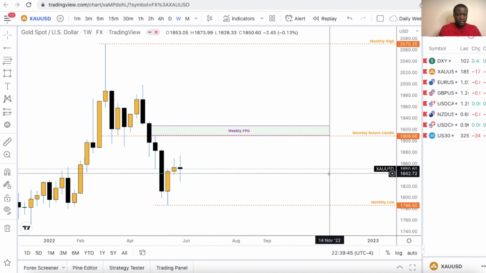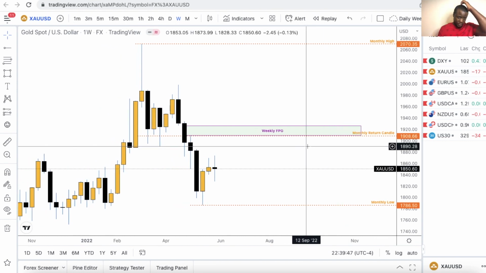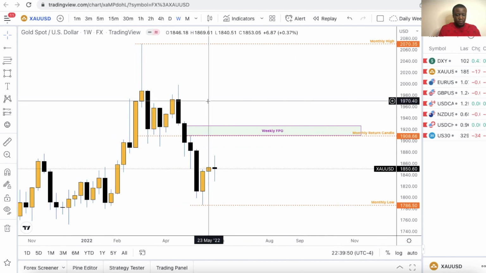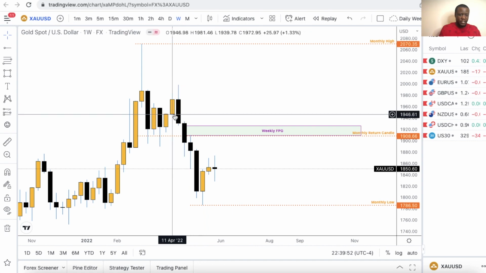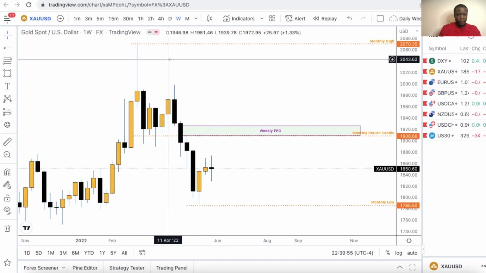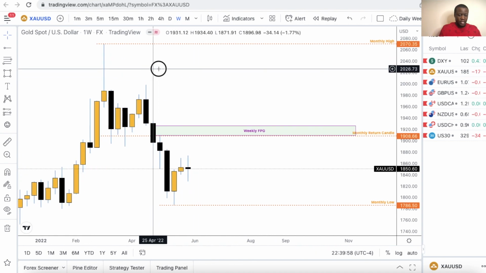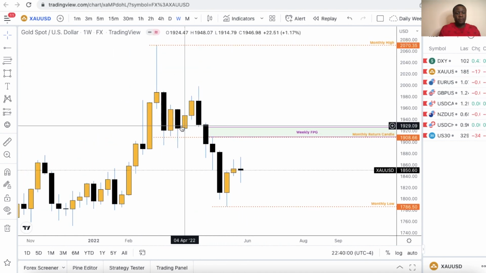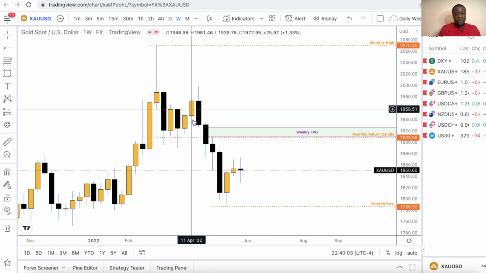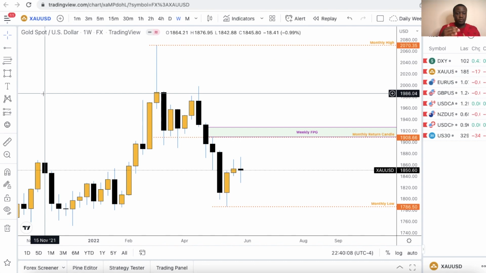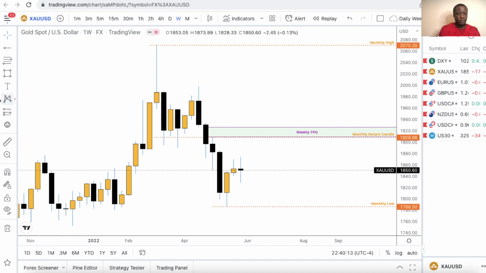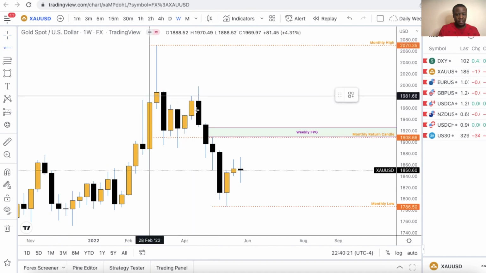And then what else do we have for the weekly? We got this weekly return candle right here as well. For weekly and dailies, if I have two up candles consecutively next to one another, I consider them one candle, so that'll be one level. So instead of this one candle, it's together, so I'll put it as one whole full return candle. That would be a level in itself.